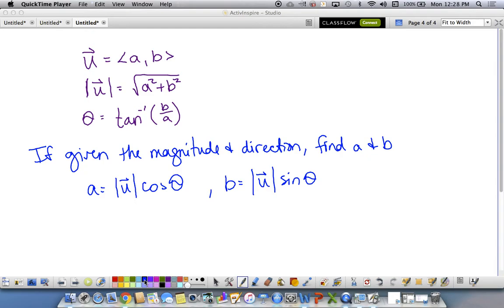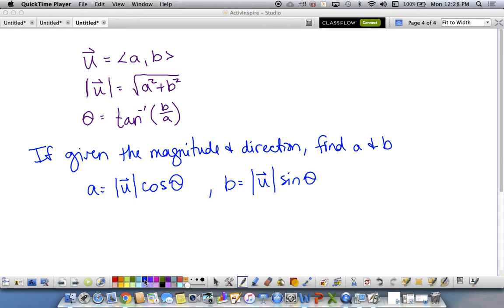Sine is about the opposite, or the y value. Cosine relates to the x, or the A. Sine relates to the y, or the B. Now, there are other ways that you can find this, and we'll talk about that another day.